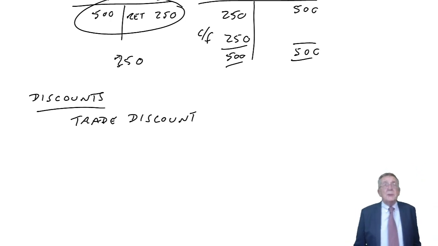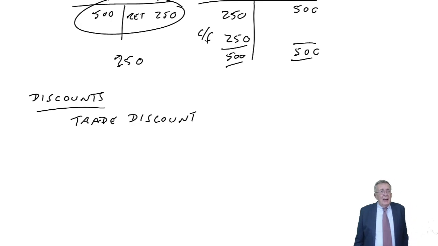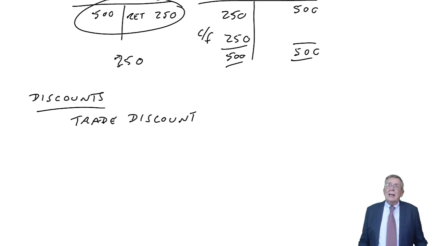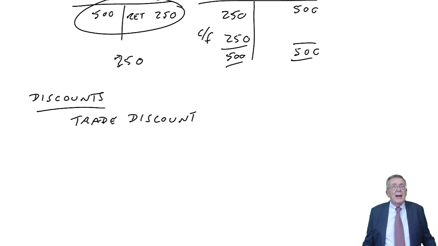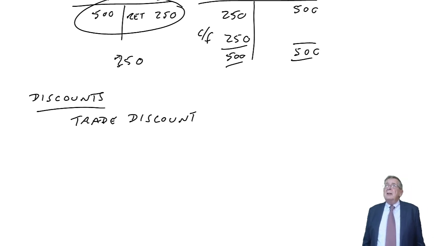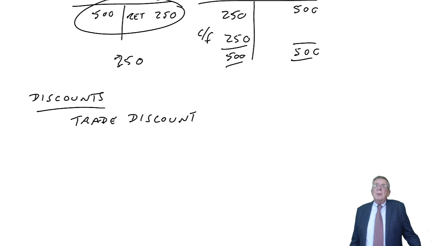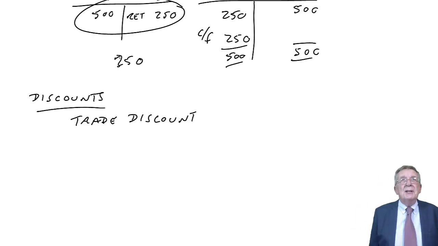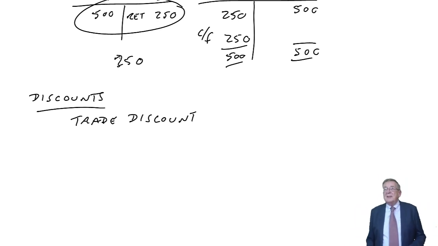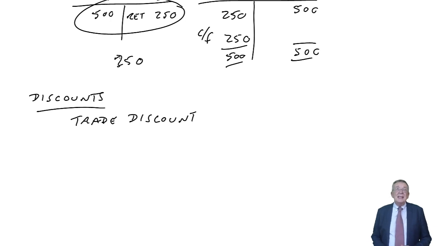And what a trade discount is, maybe we're a regular customer, we buy big amounts, and so the supplier agrees that we'll always have a discount of 10% on the normal price. So whereas normally they're charging 1,000, because we're a big customer, they'll only charge us 900.